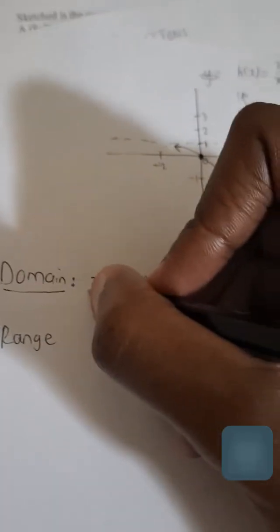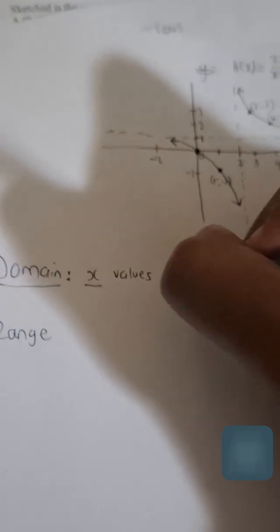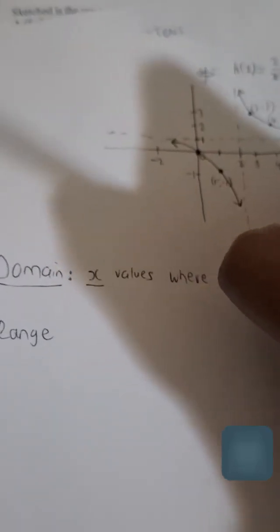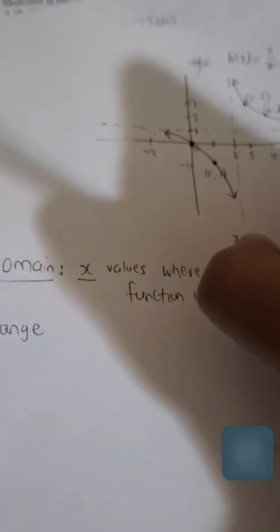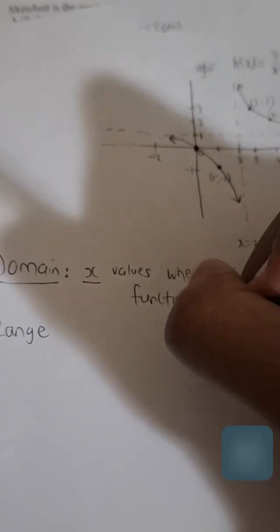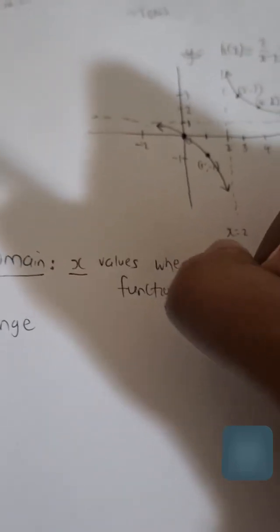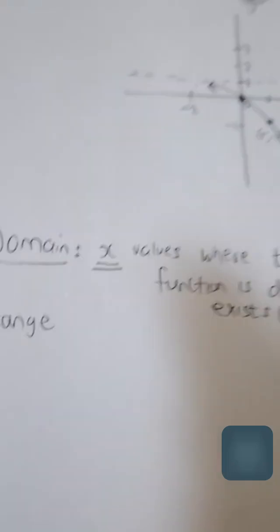So domain means x values, and these x values, it's where your function is defined. In other words, where your function exists. Where does your function exist? As you've said, left to right. What x values show your function existing or being there from left to right?